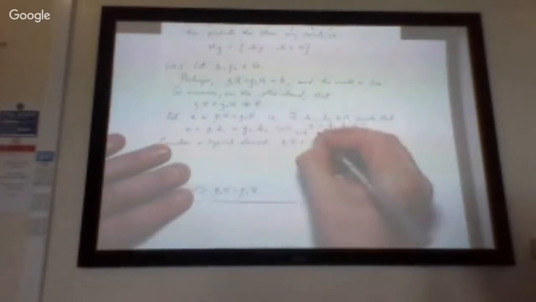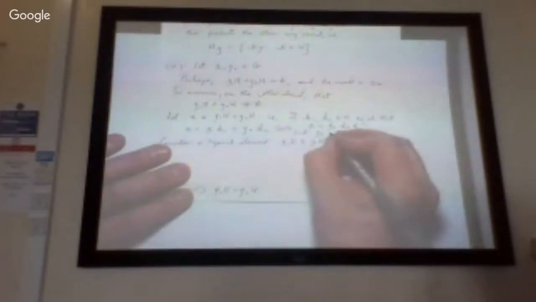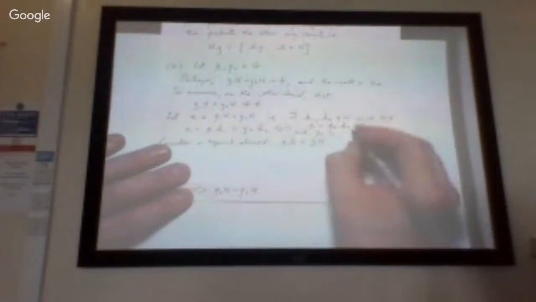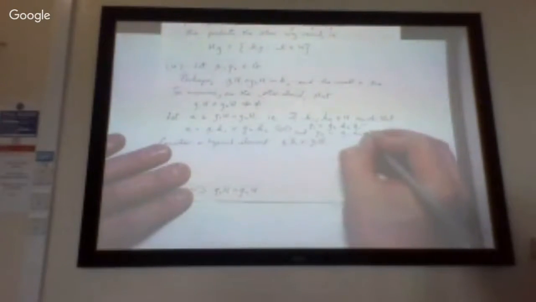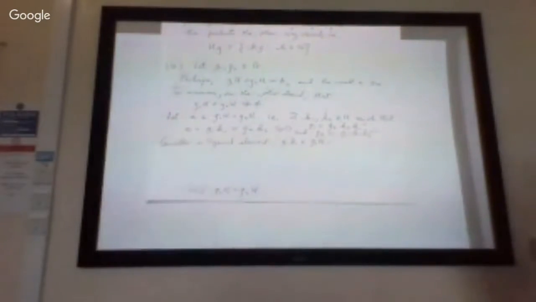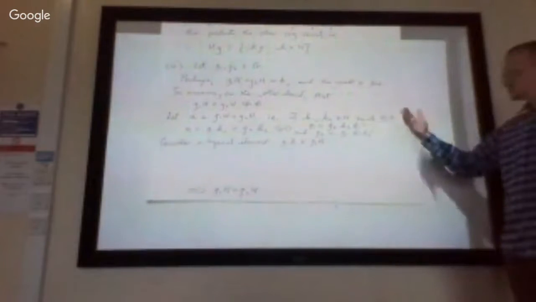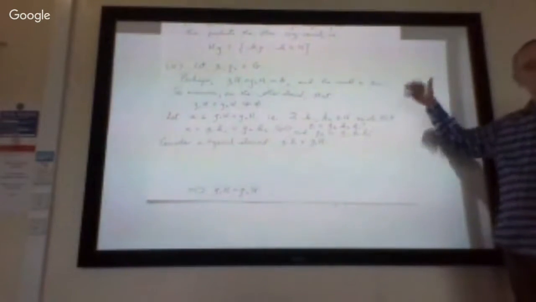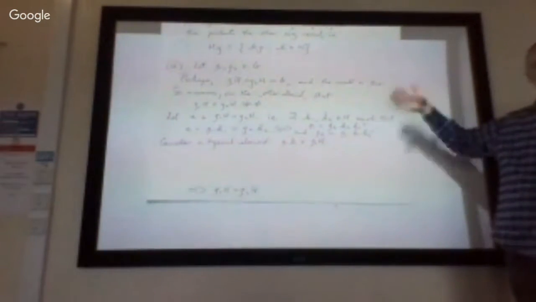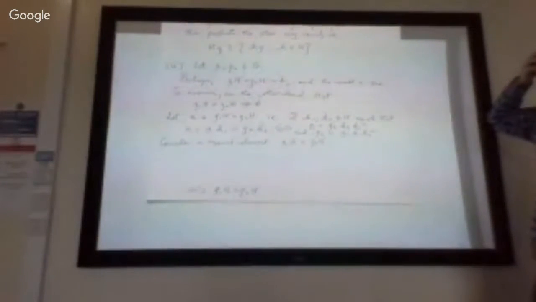And I can also write it as: if I multiply both sides on the right by H2 inverse, G2 is G1H1H2 inverse. Inverses exist in a group. I won't need to specify that all the time because we're in a more advanced question now, so just assume basic group ideas.